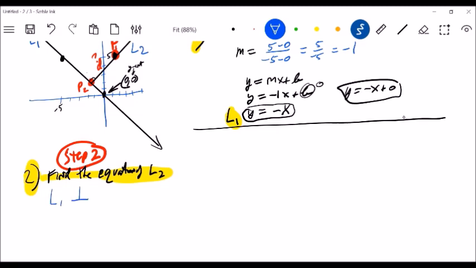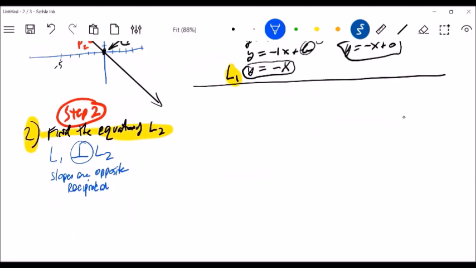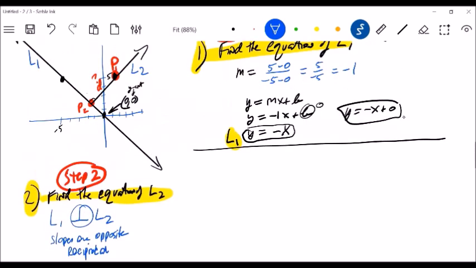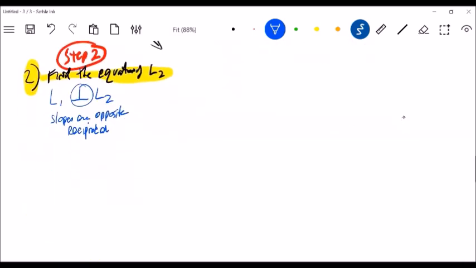L1 is perpendicular to L2. Because they're perpendicular, that means the slopes are opposite reciprocals. So one of the slopes is -1. You know that from up here. So -1 is essentially -1 over 1.